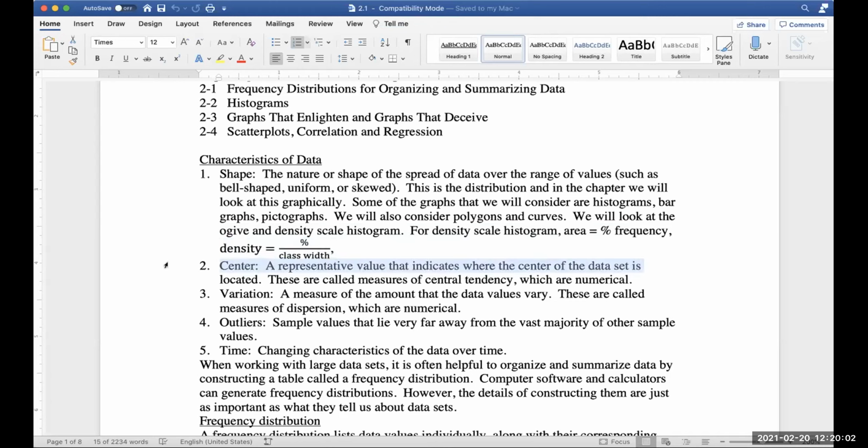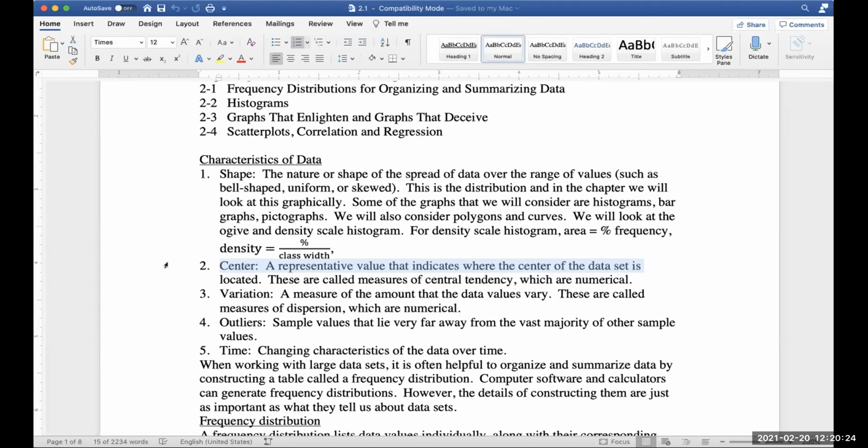Next, after we look at the shape of our data, we want to know, where's the center of the data? Give me a representative value that indicates where the center of the data is located.